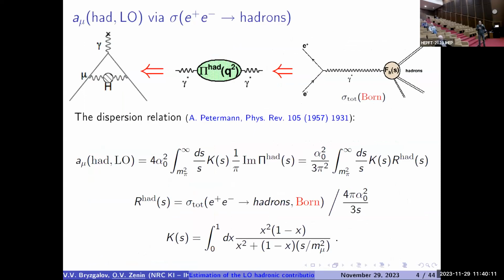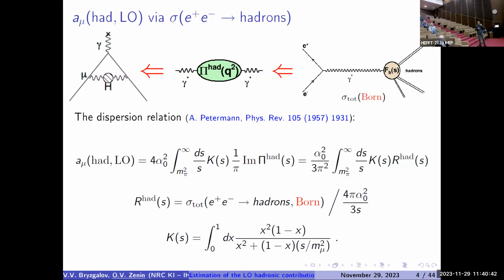And now a few remarks on how the dispersive estimate is performed. We can convert this loop integral to a convenient form shown here. This is the result obtained by Petermann in 1957.